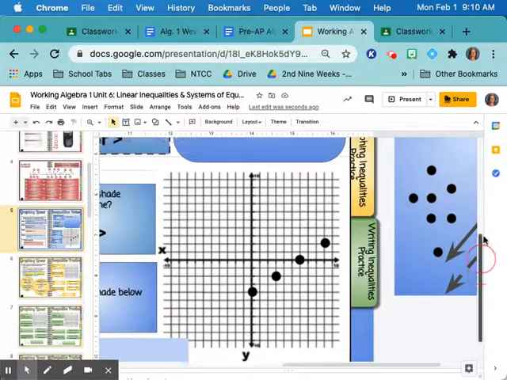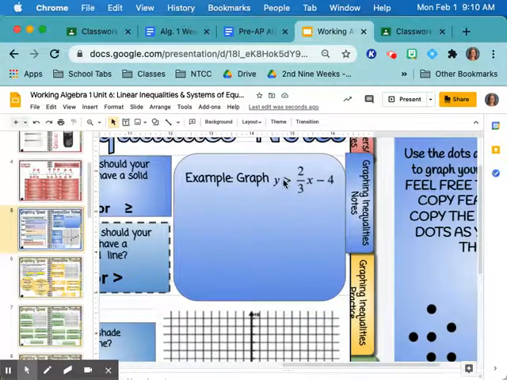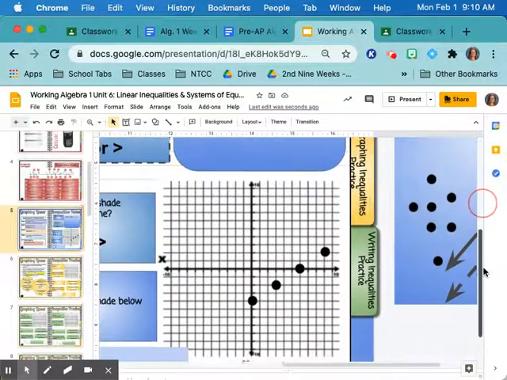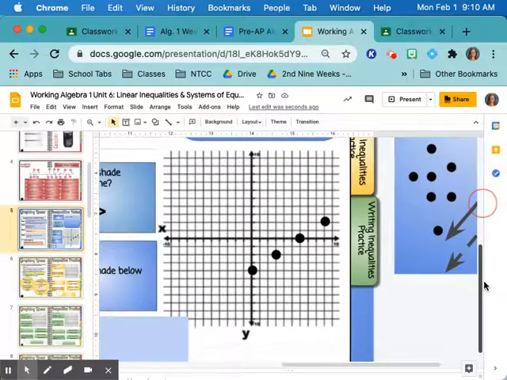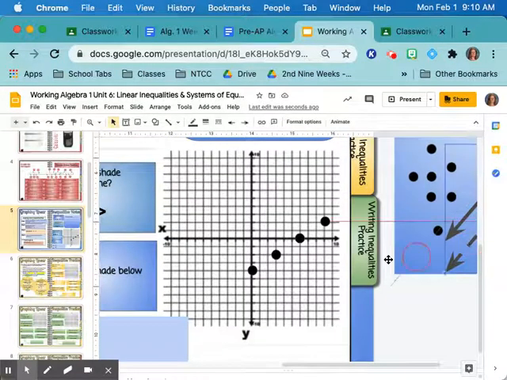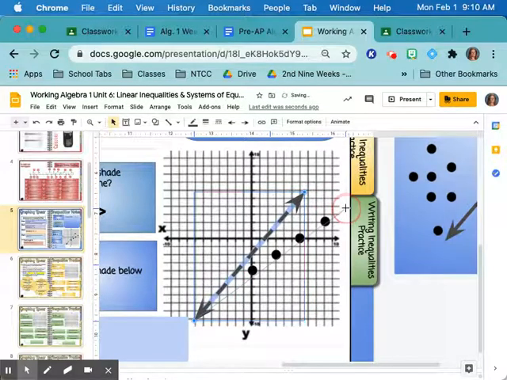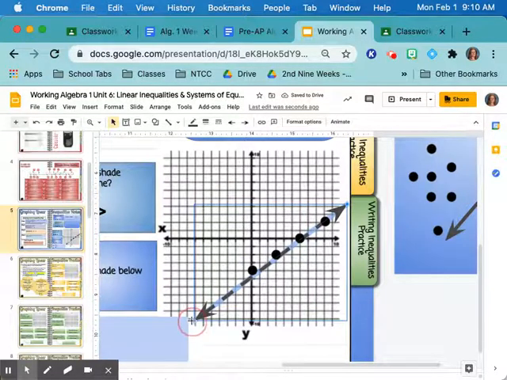Okay, so looking at our inequality, this one says greater than. So are we going to have a dashed or solid line? Dashed. All right. So I'm going to pull this over, line it up with your point. I have to do one side and then the other, so it takes a little bit of moving it around to get it directly on all 4 of those points that I graphed.